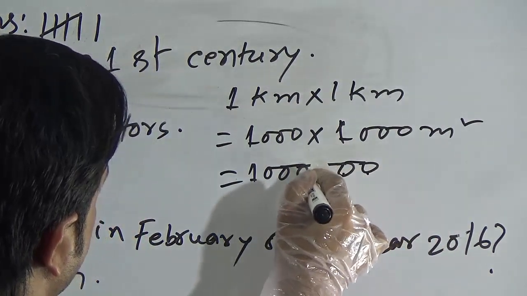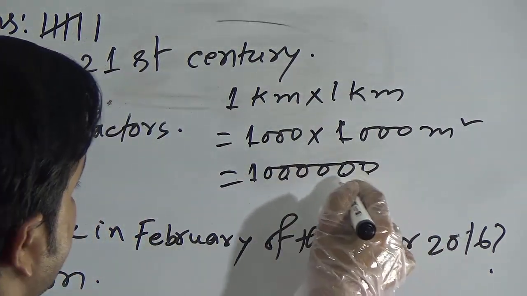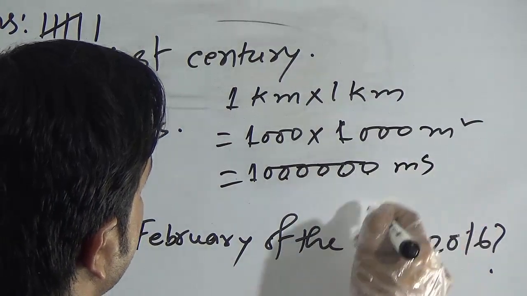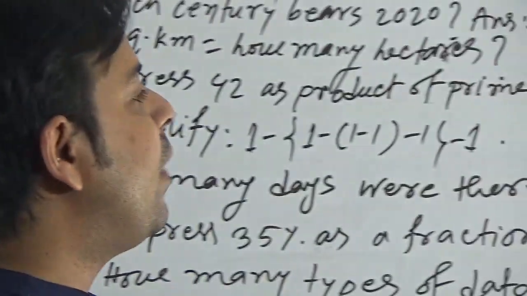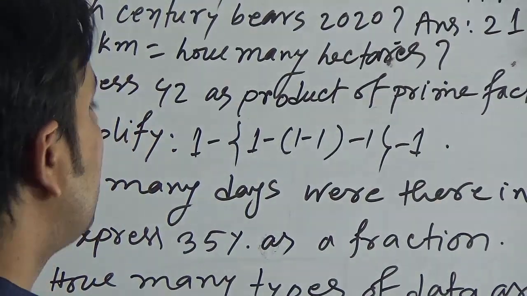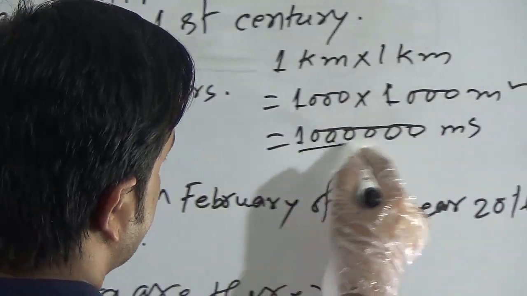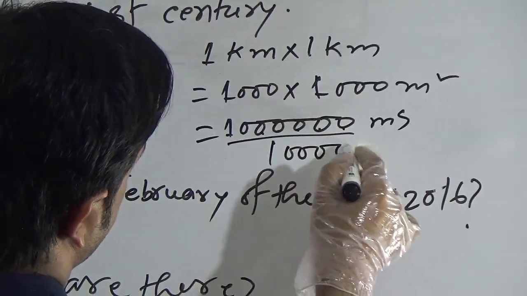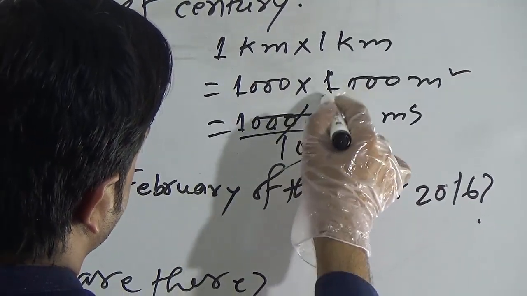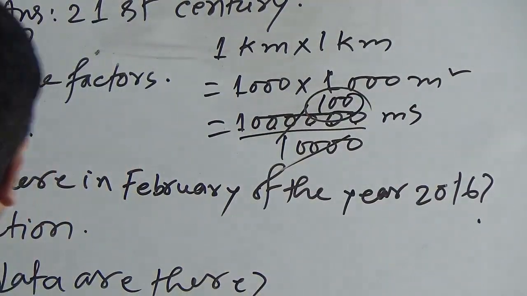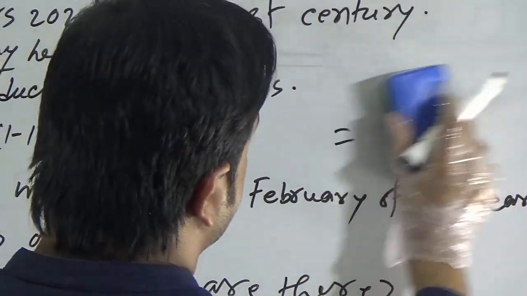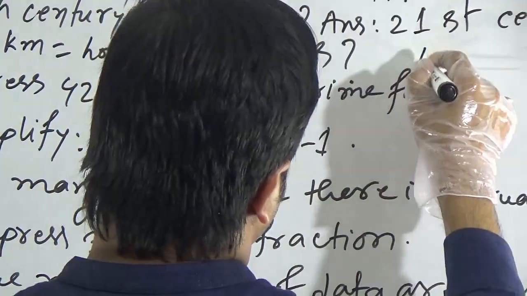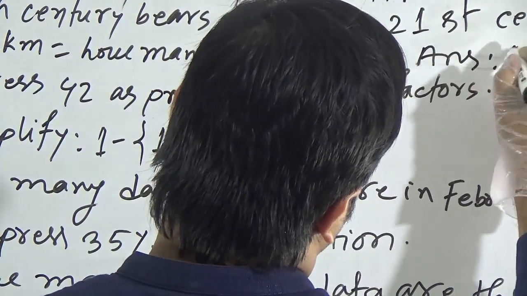Here will be 10 lakh meter square. Now we know 10,000 meter square is equal to 1 hectare. So we have to divide this by 10,000. If we divide, we will get 100. So we can say the answer of question 43 is 100 hectares.